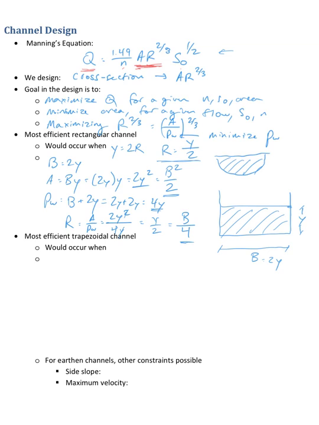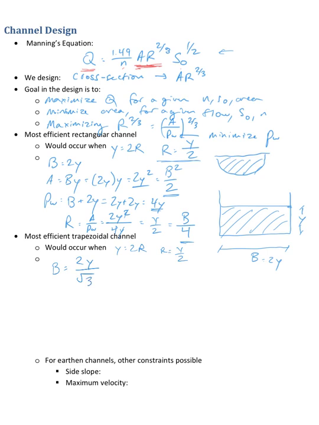But let's go through a trapezoidal channel first. Again, the math still says y equals 2r. The depth has to be 2 times the hydraulic radius, or R equals y over 2. And so when we do that for a trapezoidal channel, we find that b equals 2y over root 3.